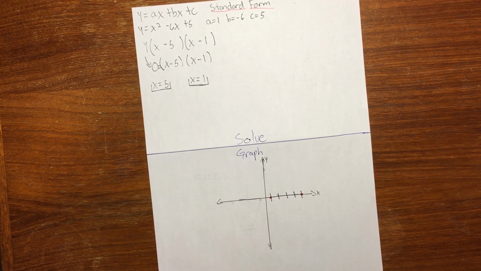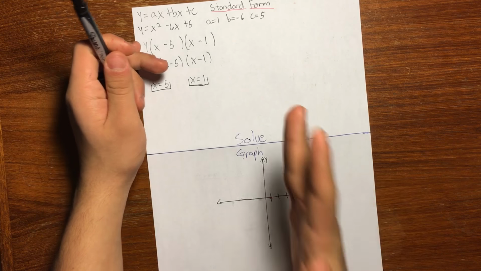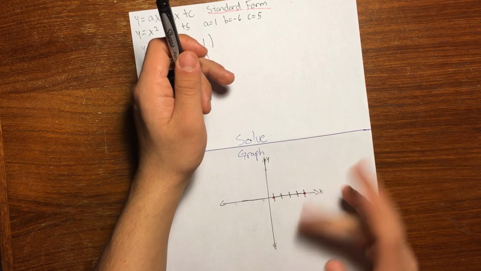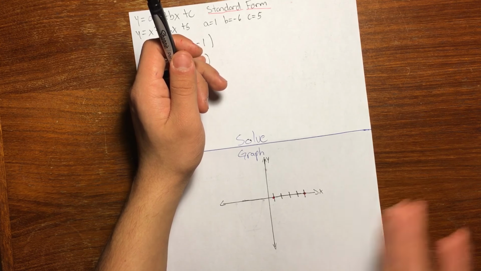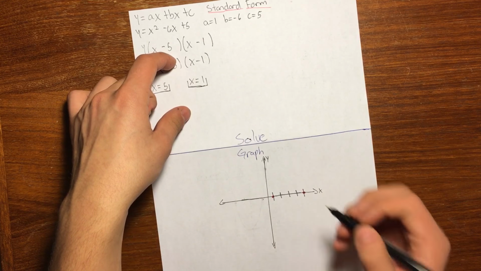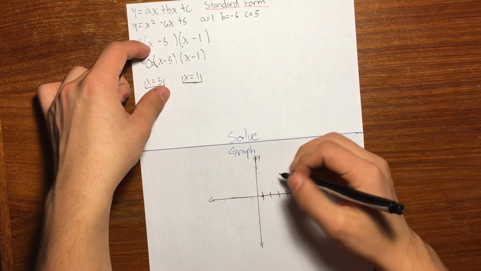The axis of symmetry is the line where, if you cut the graph in half, one side would be symmetrical to the other side. In this case, since there's a 1 and a 5, it'd be the third number here.